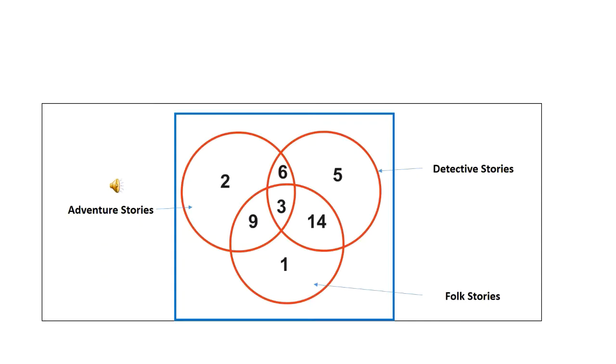When we compare detective stories and folk tales, there are 14 students. When we compare adventure stories and detective stories, there are 6 students. There are 3 students who like to read all the 3 types of books.